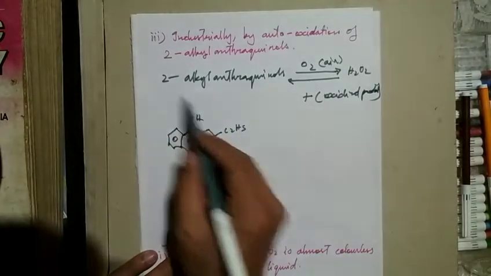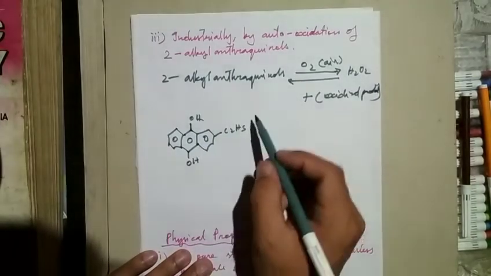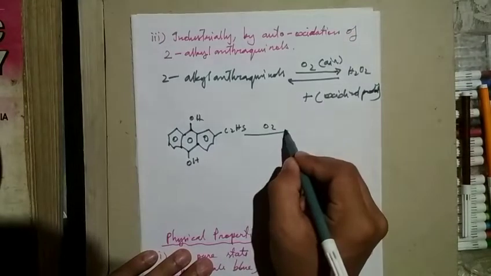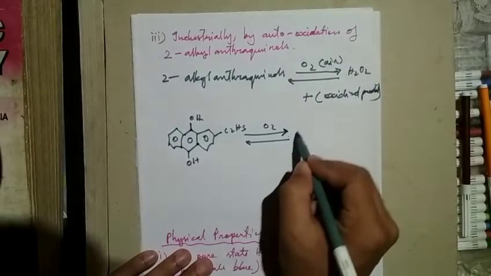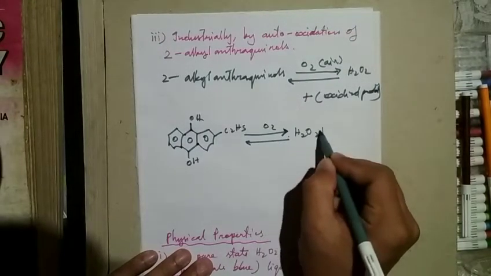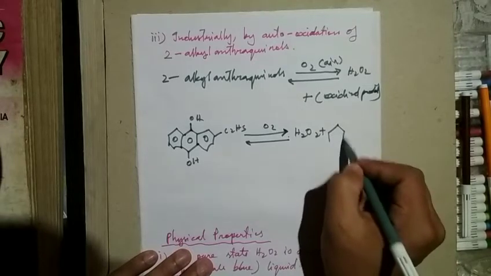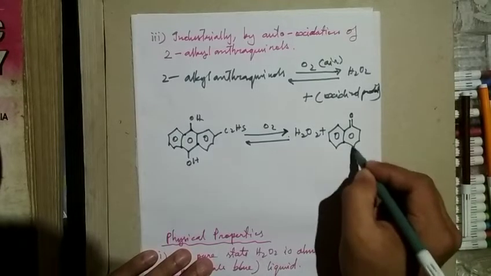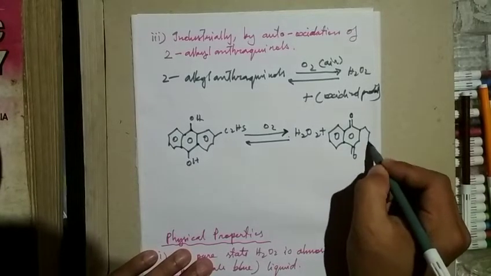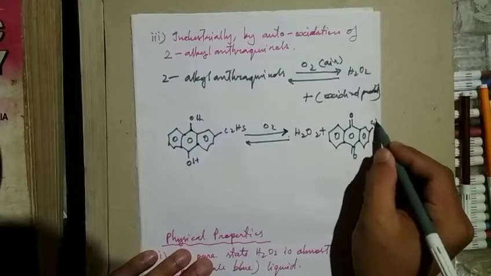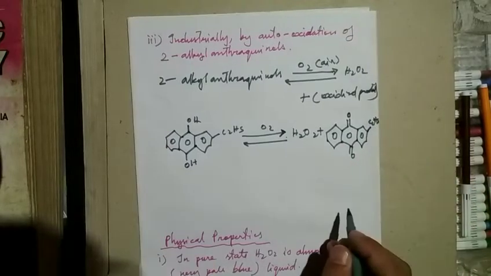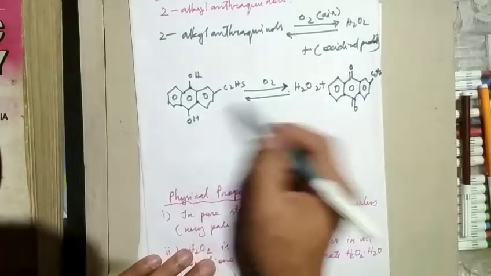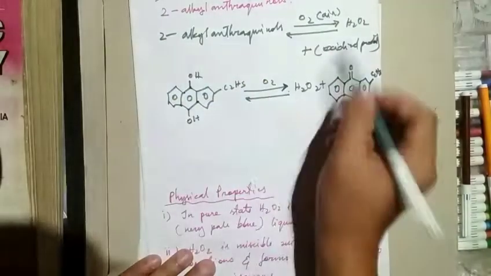So this is 2-alkyl anthraquinol, and in presence of oxygen it gives hydrogen peroxide and the oxidized product. After oxidation the product will look like this, C2H5. If this is complicated for you, you can study this one.